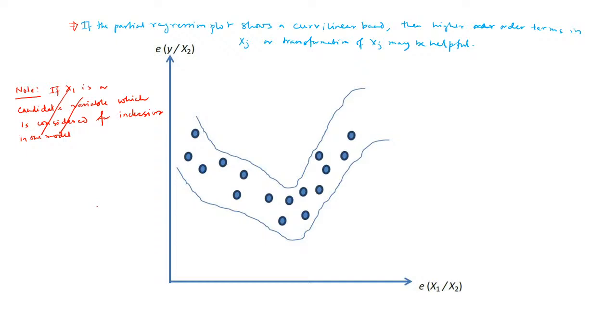Or you can use transformations like log transformation or square root transformation. There are many transformations you can use one by one, and check every time whether the partial residual plot is a straight line passing through the origin. If it is, then you can stop there and take this transformation or higher term in the model.